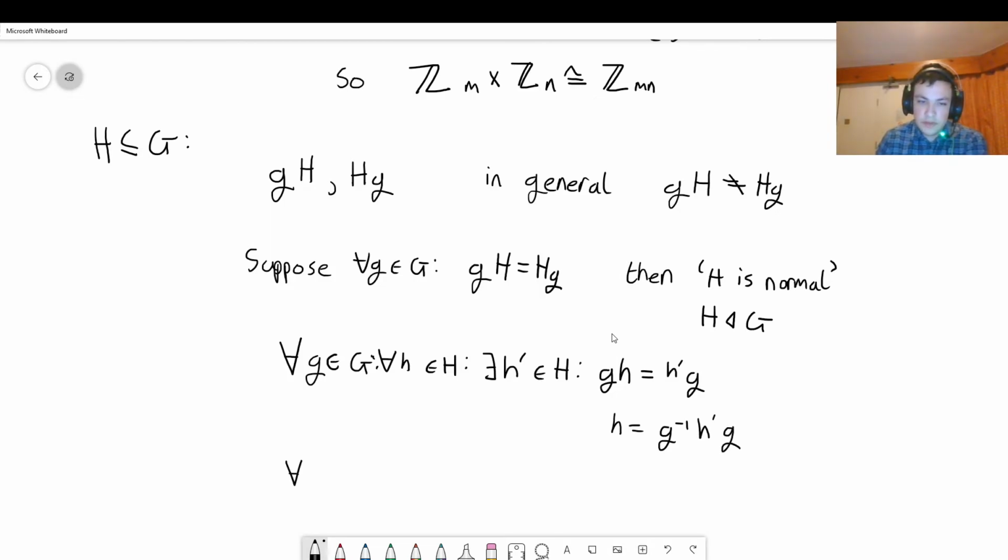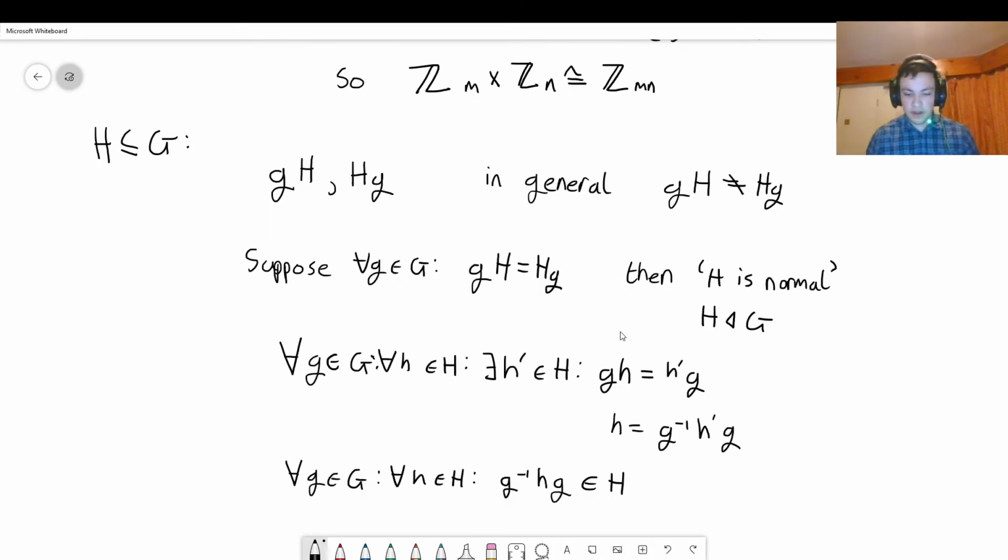So for all g in G, for all h in H, we must have that g inverse hg is also in H. Okay, so that's an important part of the normal subgroup.